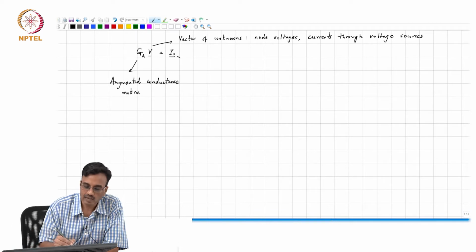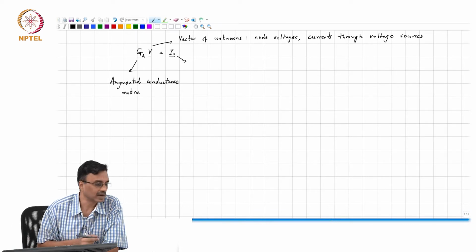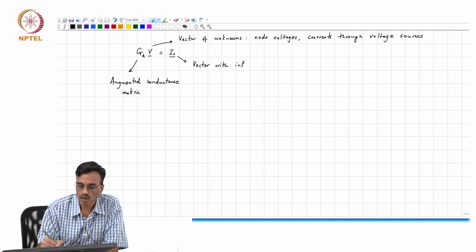And likewise, this I s is basically a vector with information on all the independent sources.